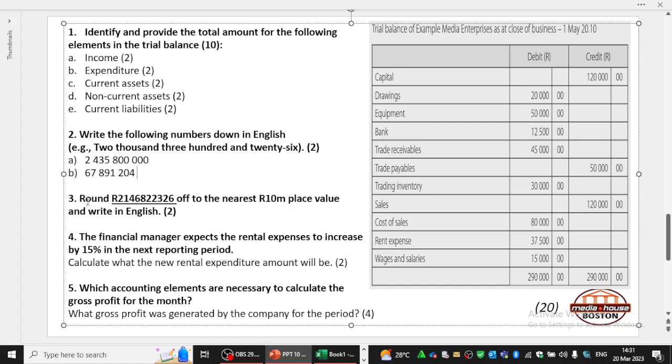And then here it says that round the following figure off to the nearest 10 million place value and write it in English. So you're still writing this in words, but after rounding it off. So to round off this, do the same thing from your right to left. Split the amount.